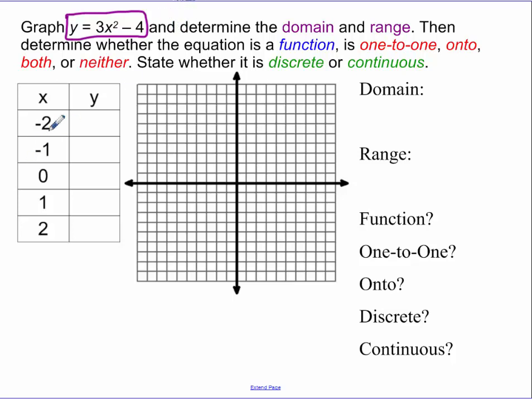So when I plug in -2, I have an output of an 8. When I plug in -1 for x, I have an output of a -1. When I plug in 0, I have an output of a -4. So now plot these points.